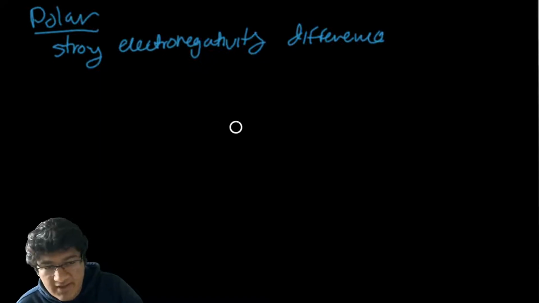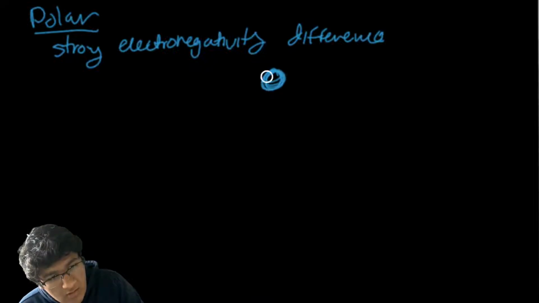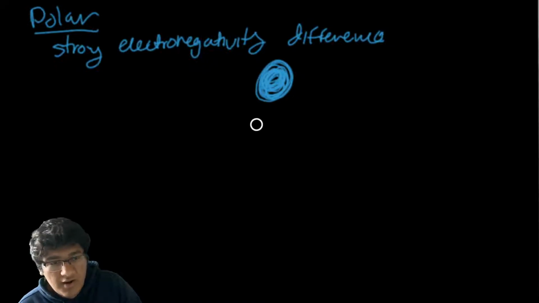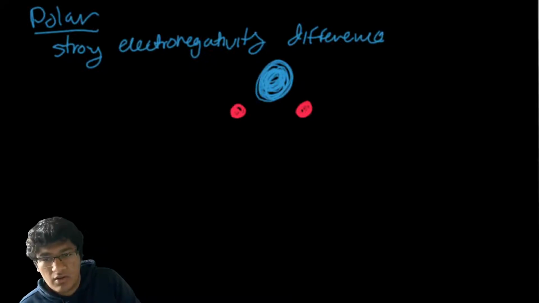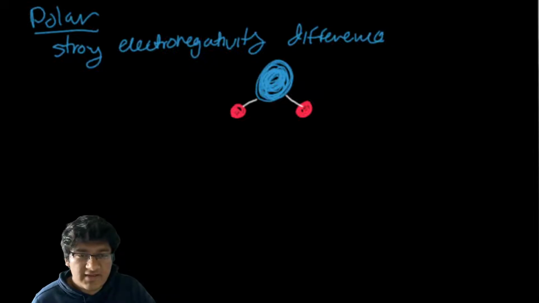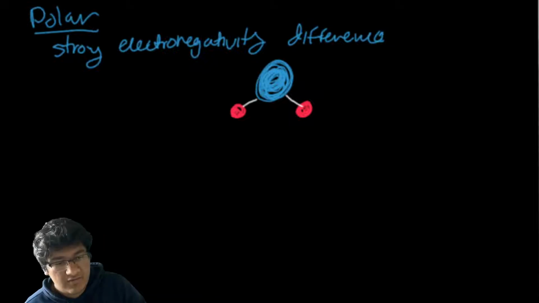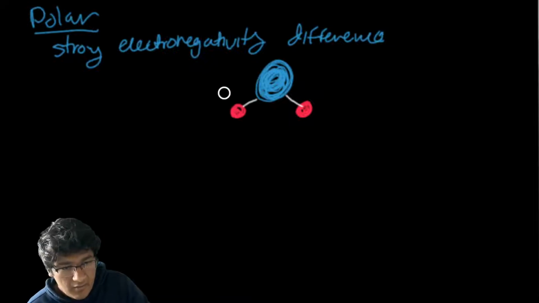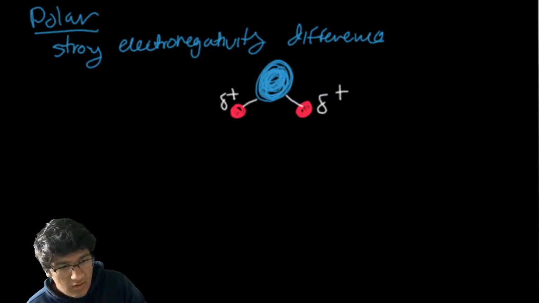So for example, let's take water. This is our oxygen atom, and we have our two small hydrogen atoms over here. I'm going to use a stick and ball method because it's easy to show you, and we'll also talk a bit about the vectors influencing this. It is completely polar, because this has a partial positive and this has a partial negative.